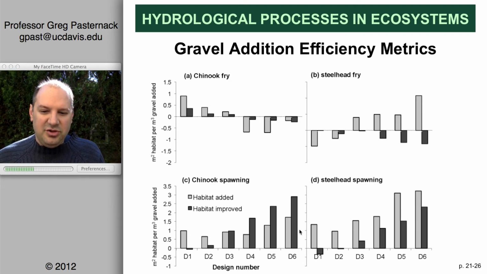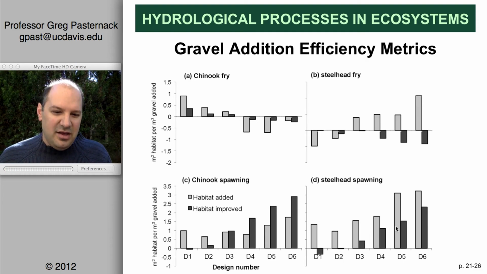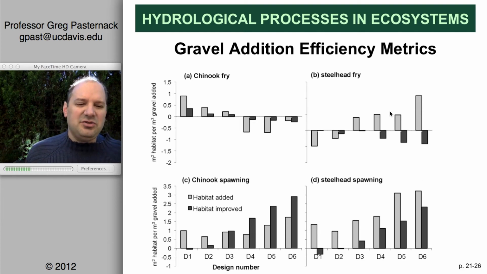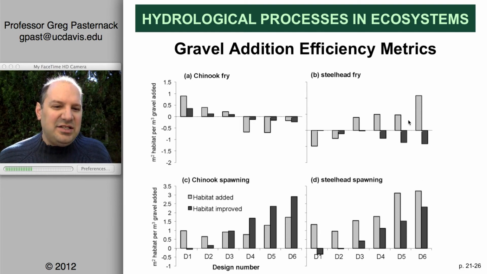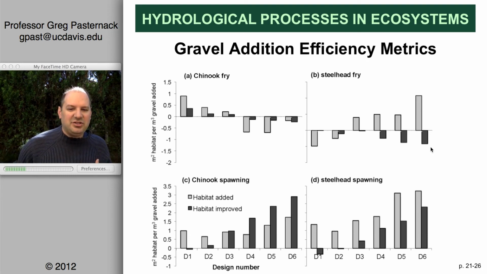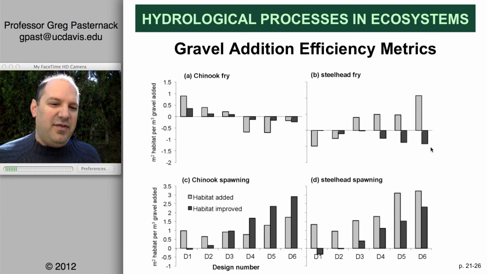Design 6 in particular gives us by far the best performance for spawning, and the same for steelhead. Steelhead fry is interesting. It adds new habitat, but it takes the existing habitat and degrades its quality. But the fact that we're adding a lot of habitat outweighs the fact that we're degrading the existing habitat.